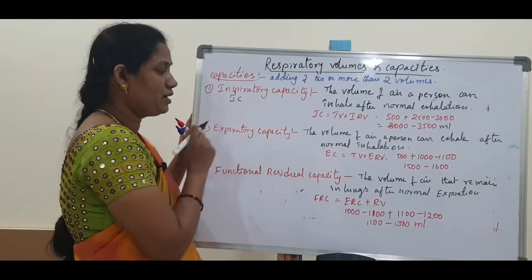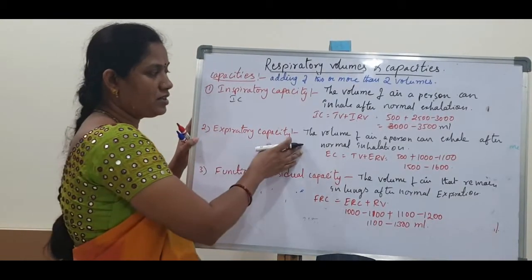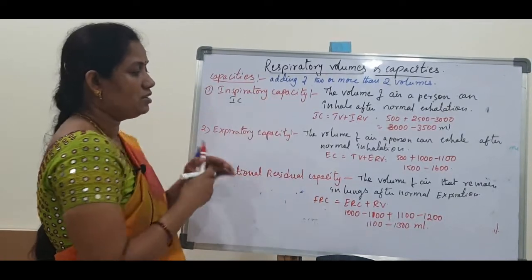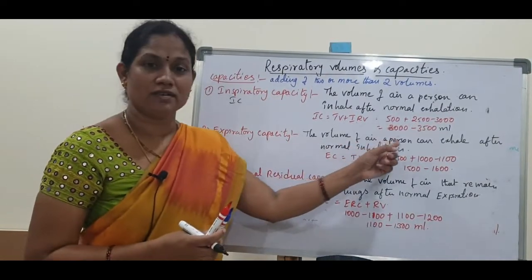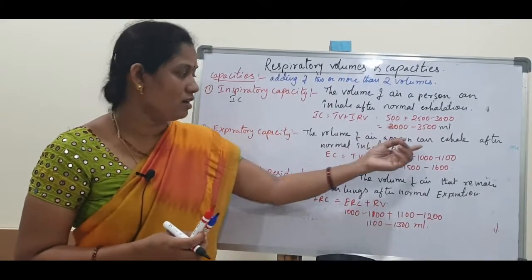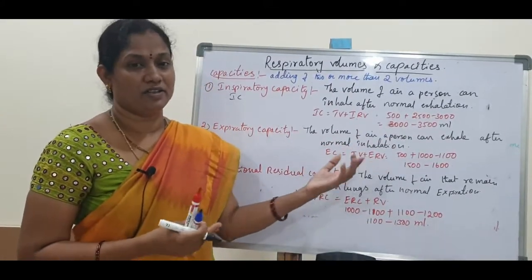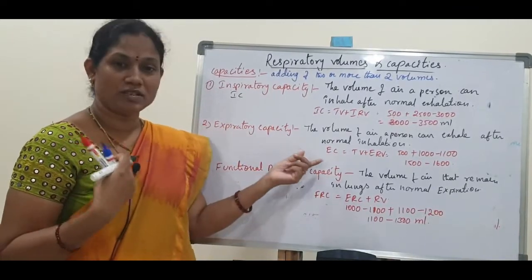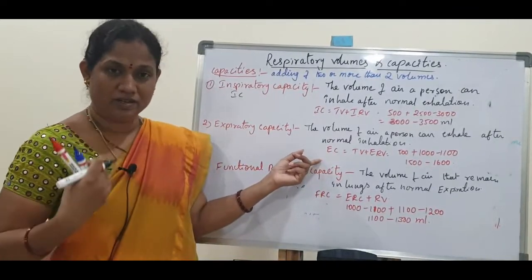Then expiratory capacity. Expiratory capacity is the opposite of inspiratory capacity. Here it is the volume of air a person can exhale after normal inhalation. After normal inhalation, the tidal volume has entered inside.